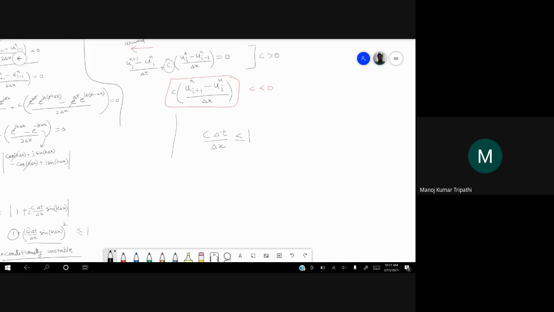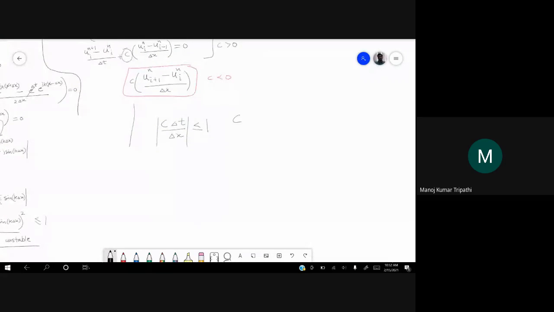C delta t by delta x, you can say mod of this, is less than or equal to 1 for C positive or negative. This is also known as the CFL condition or CFL criterion for stability. CFL are the names of scientists who worked on it: Courant, Friedrich, and Levy.